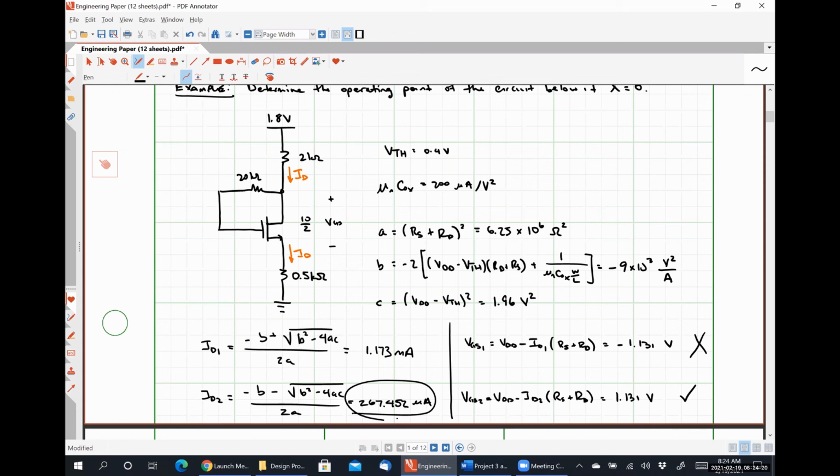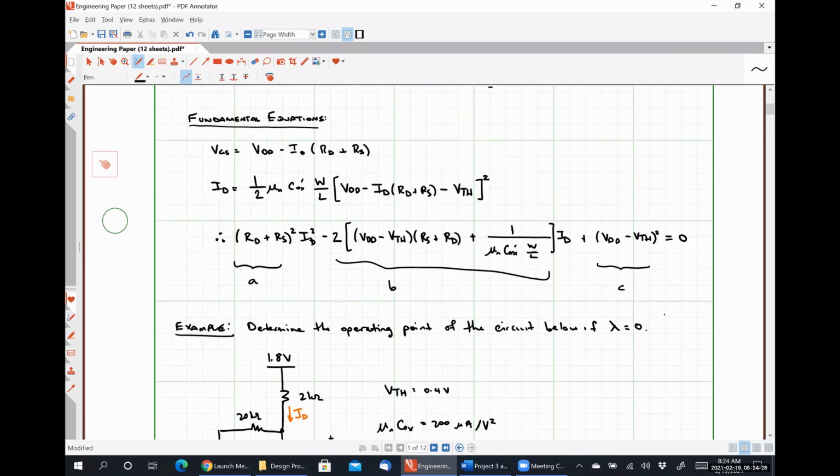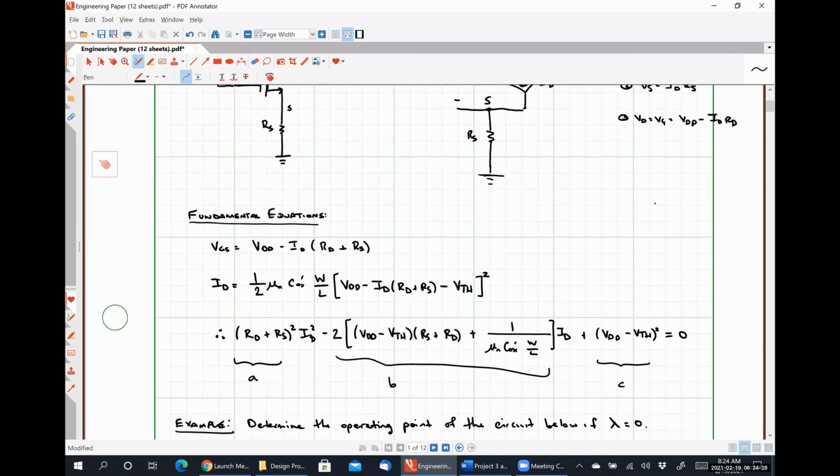If channel length modulation were included, let's circle back up to here to see what would be going on.